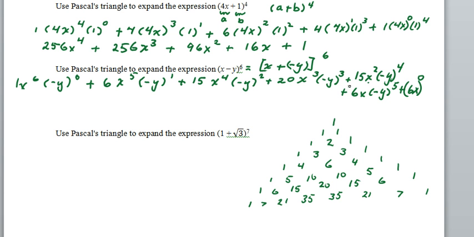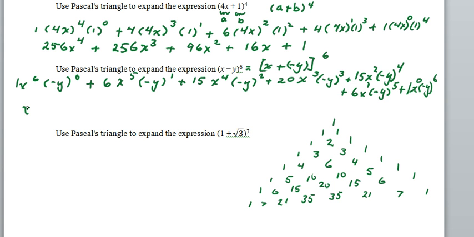I just wanted to say 6 times x to the first times the opposite of y to the fifth, and similarly I wanted to say here that the coefficient is 1, x to the 0, the opposite of y to the sixth.